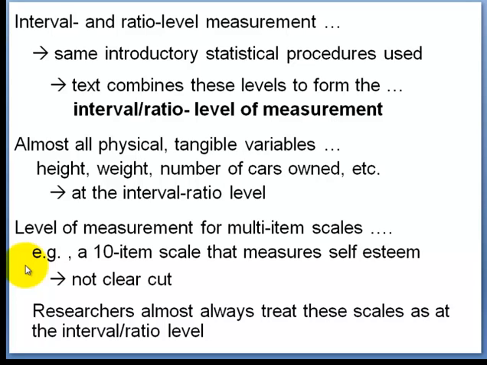Researchers in social science often work with multi-item scales. So as a for instance, you might have 10 questions about self-esteem, and on each of those you could respond somewhere between strongly agree and strongly disagree to indicate your degree of agreement with the statement about your self-esteem.